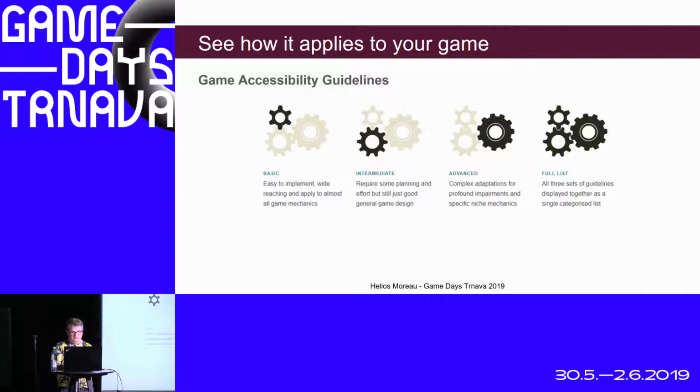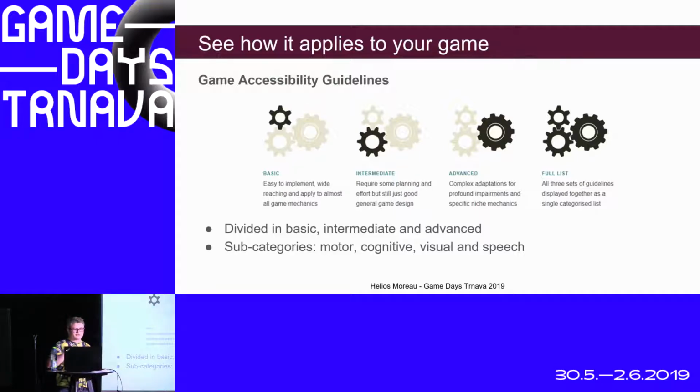So to explain a bit how the website worked, there are guidelines that are divided in 3 categories, so basic, intermediate, and advanced. And those categories are the result of a balance between the reach, the impact, and the value of the guidelines that you are trying to develop, to follow. And each of these categories are divided in subcategories related to types of skills and impairments.